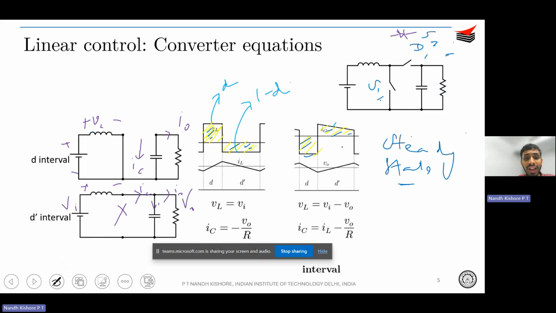So if you take the average value of VL over one switching cycle, it should be 0. Similarly, if you take the average value of IC over one switching cycle, it needs to be 0. Got it?